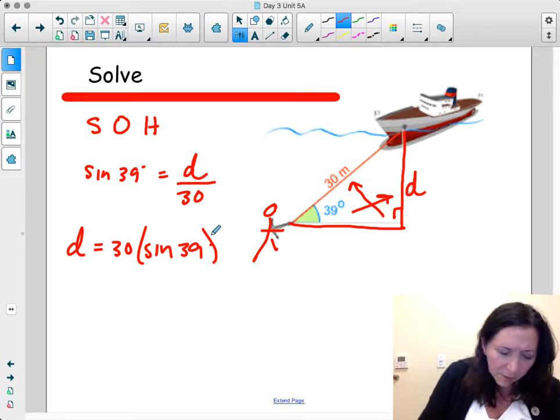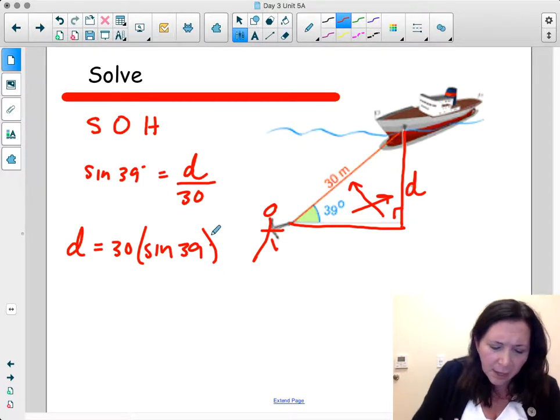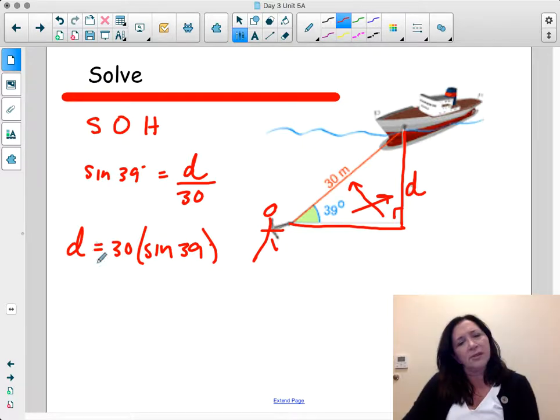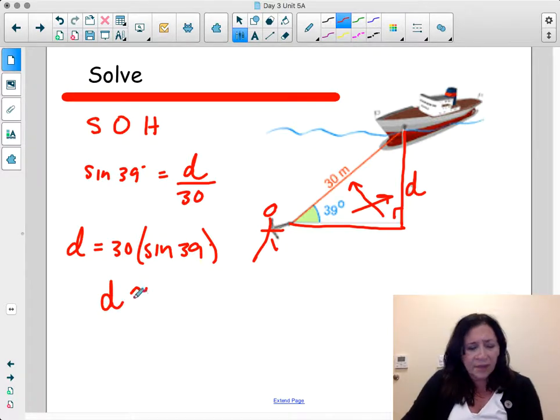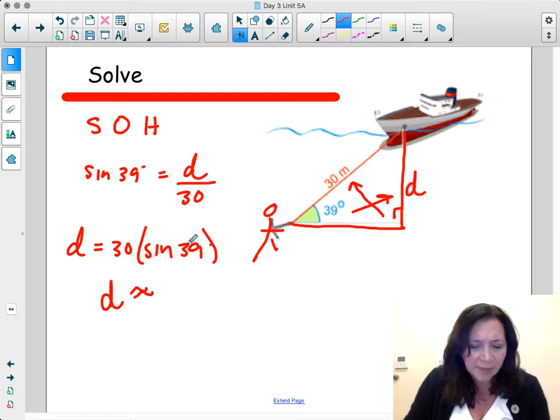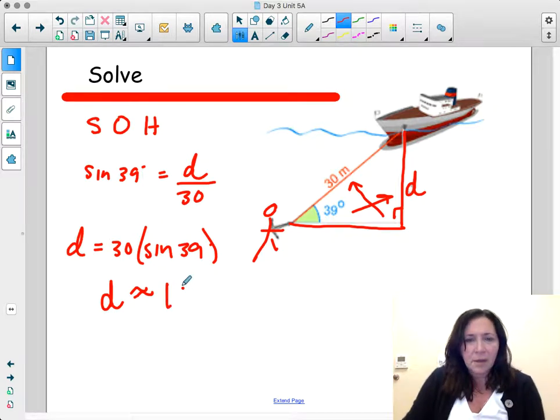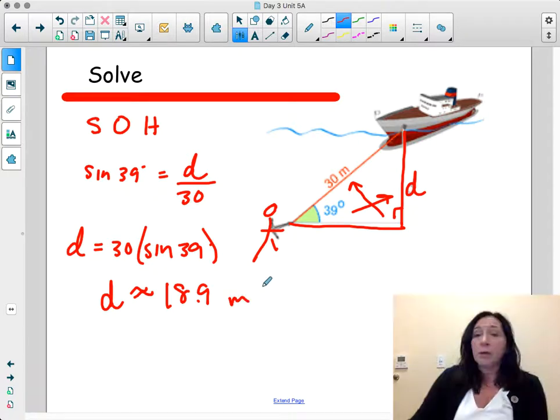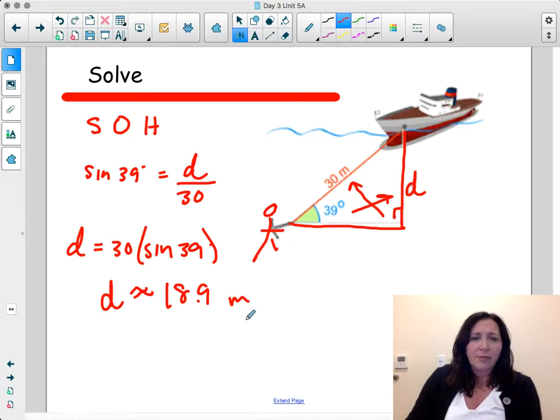Get that number, and we're going to say times 30. And I get 18.87. So my depth is now about, because I rounded off, 18.9. I'm sure that's meters or something bigger. Okay, so that's what we have.